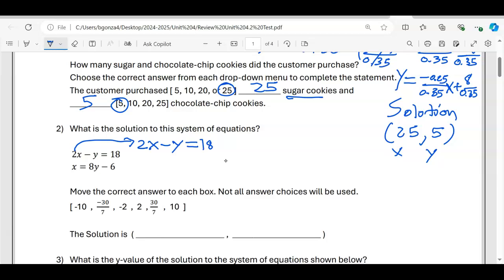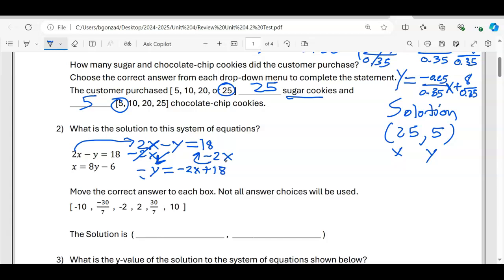To get y by itself, we get rid of the positive 2x, minus 2x on both sides. Negative y equals negative 2x plus 18.